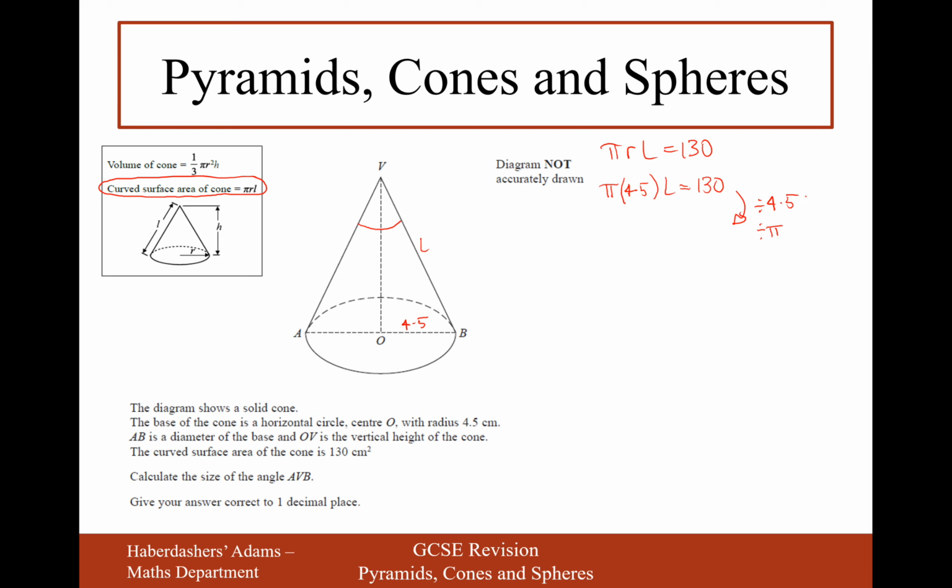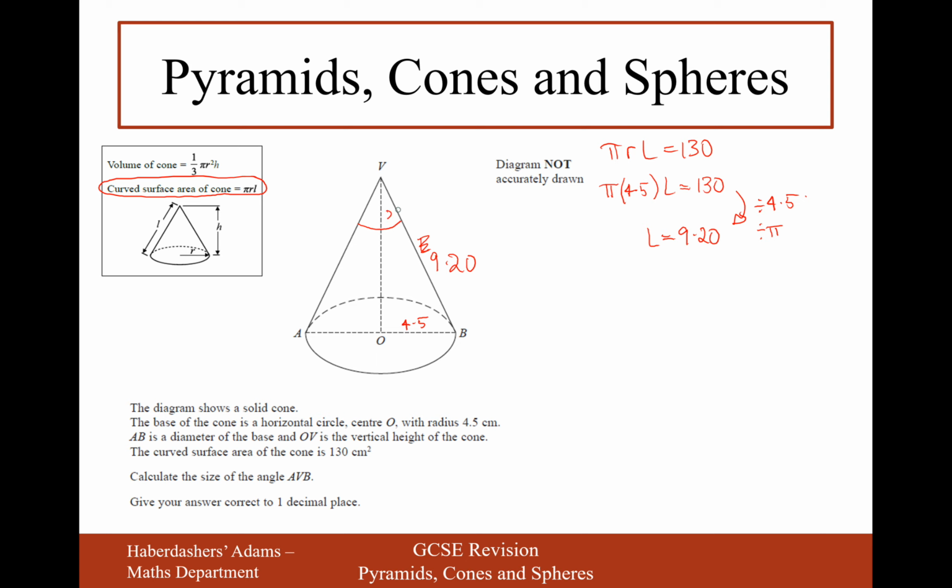Grab your calculator: 130 divided by 4.5 and then divide by pi gives 9.20 basically. So L equals 9.20. I'll leave that answer in my calculator so that I can use it as the answer button in a second.